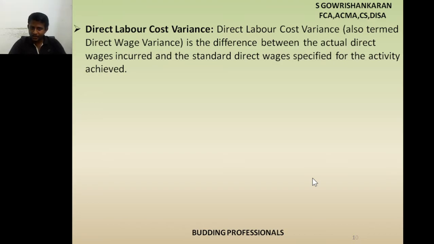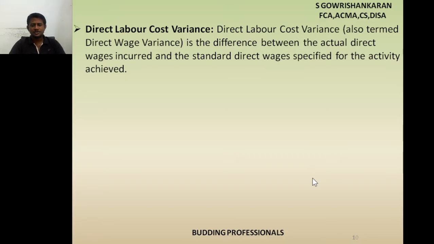Before getting into labor, we already discussed material. Under the material variances, you have different kinds of variances like usage variances, price variances, efficiency variances, and also cost variances, sub usage variances, all these variances.